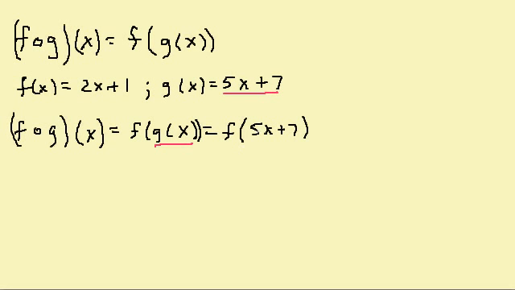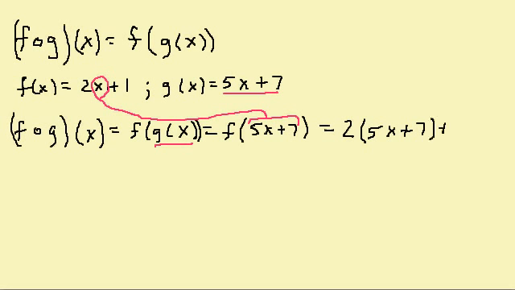So f of 5x plus 7, we're going to take the 5x plus 7 and we're going to plug it in here for x. So that's going to give us 2 times x, and in the place of x we put 5x plus 7, plus 1, and then we simplify.